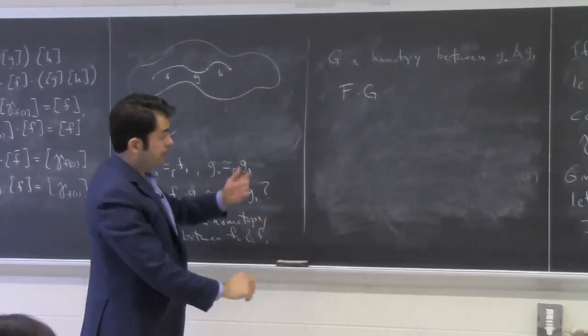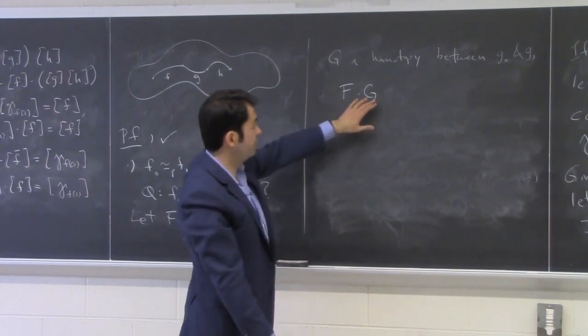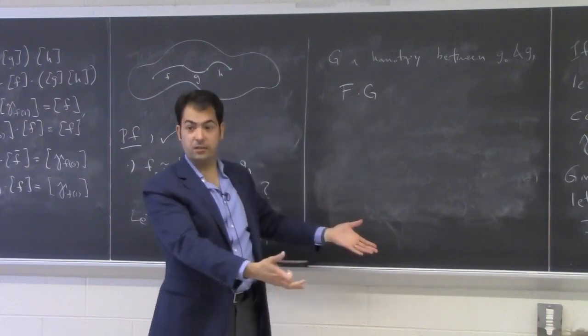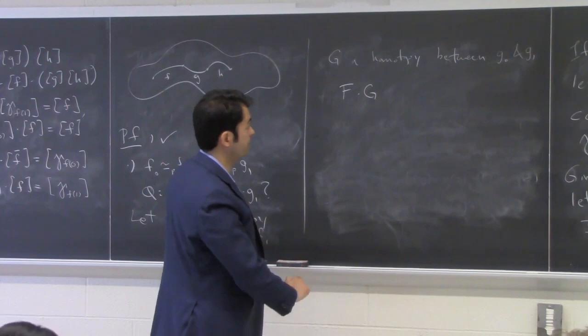This is a continuous family of paths, and this is a continuous family of paths, so concatenate them for every t.